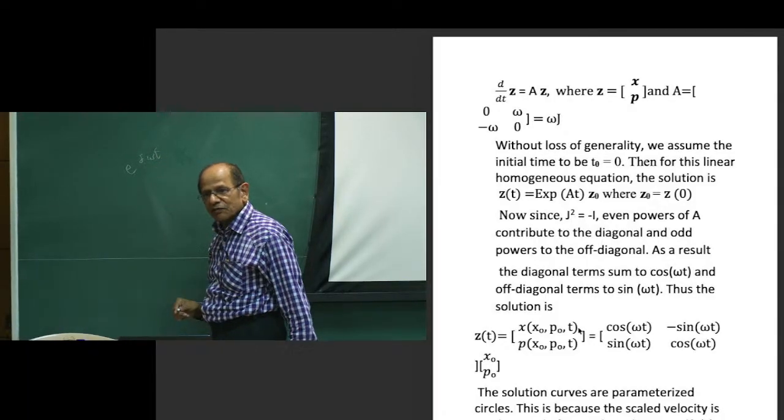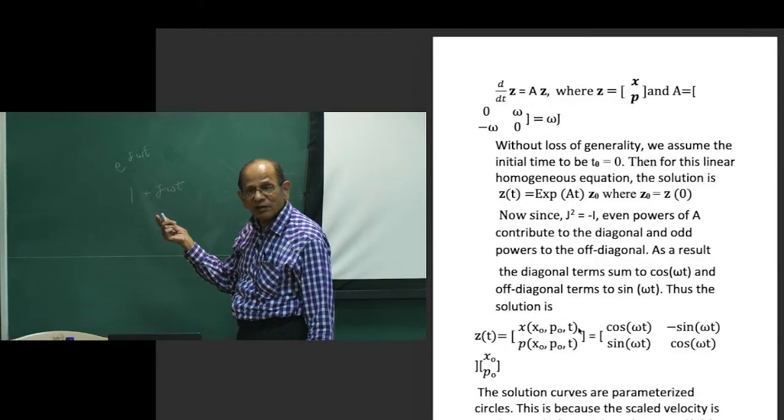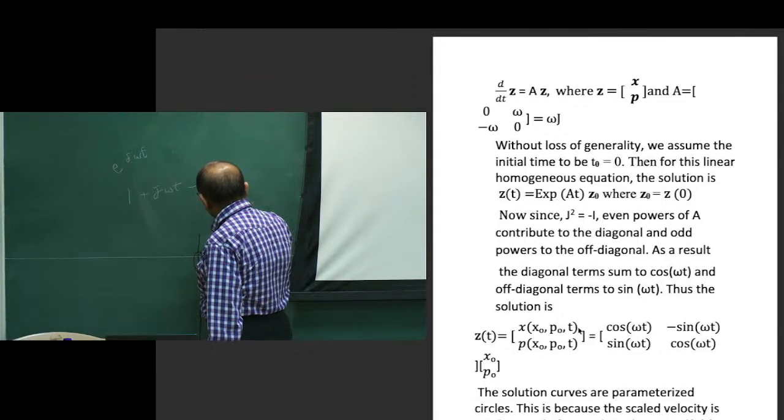So let us club omega t, which are numbers, and J is a matrix. The zeroth order term is identity. The first order term is J times omega t. The second order term is J square, which is negative of identity, so minus omega square t square upon 2 factorial.